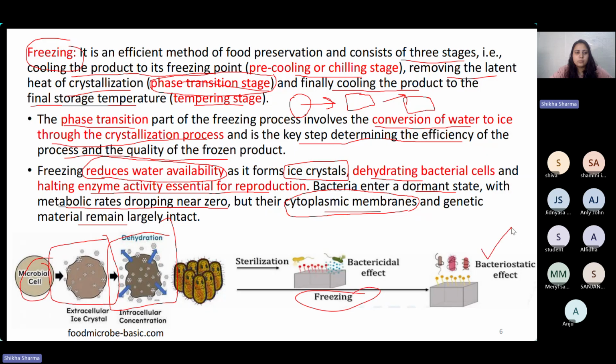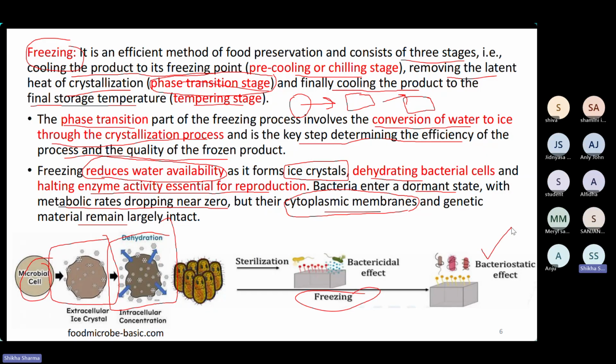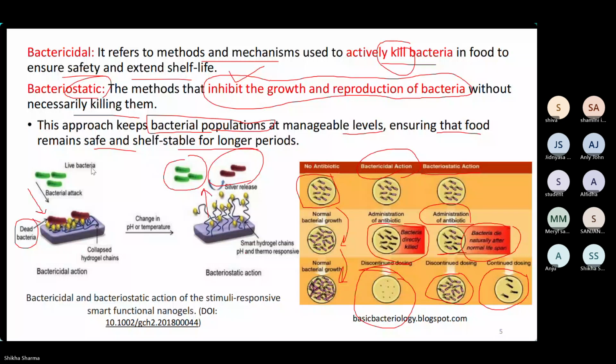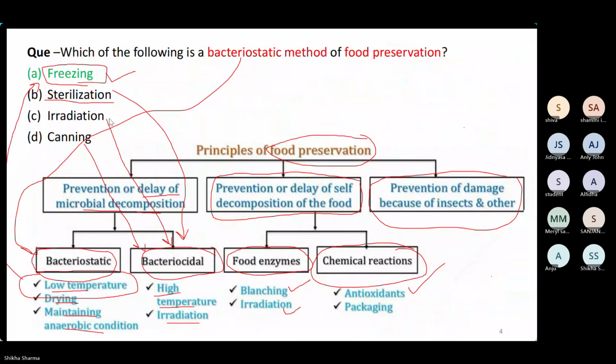Whenever bacteria gets the desired environment, it will grow again. Whereas if we are doing sterilization, canning, or irradiation, bacteria will not grow again because the bacteria is completely killed.